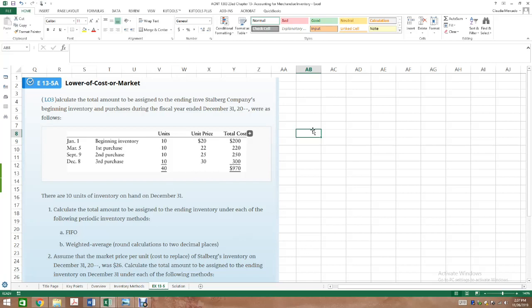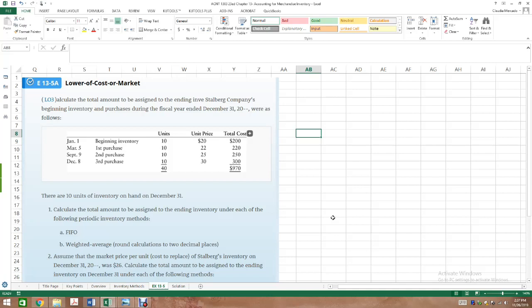I was going to do the solution in another sheet of paper, or another tab. I'll just do the solutions here. That way we can see it as we're using this information. So, it says here, there are 10 units of inventory on hand December the 31st. Requirement 1. Calculate the total amount to be assigned to the ending inventory under each of the following periodic inventory methods: FIFO and weighted average.